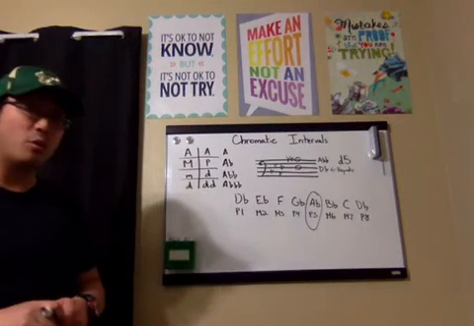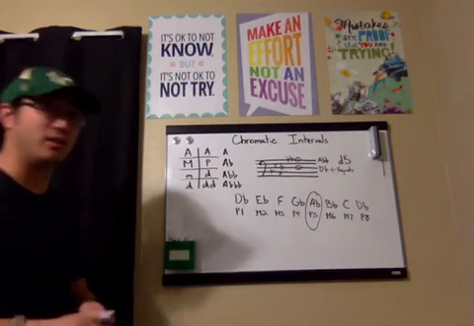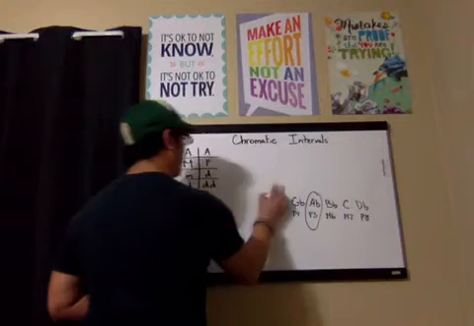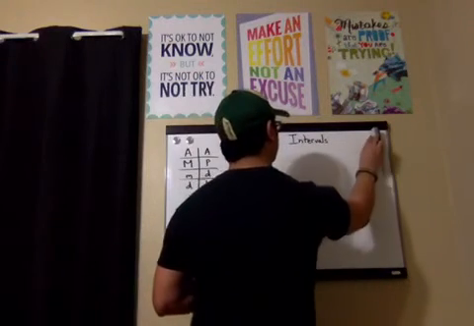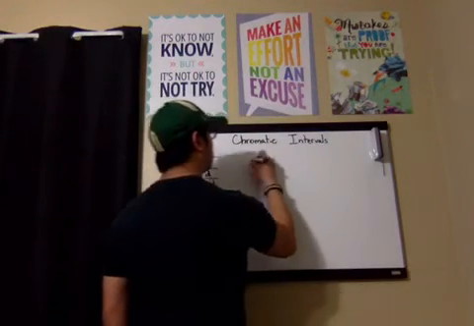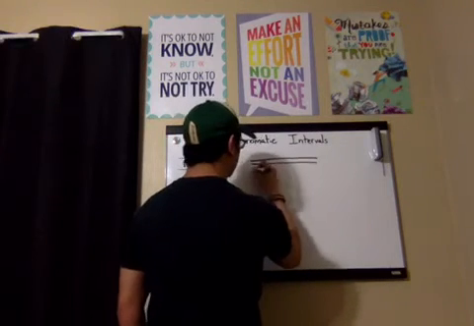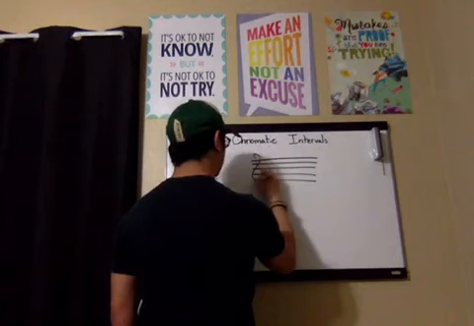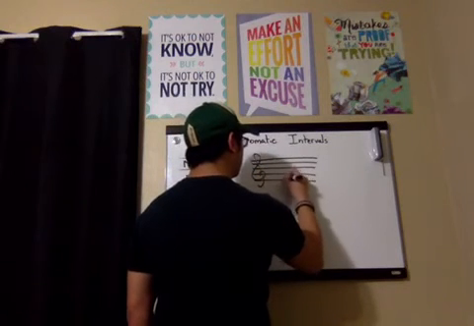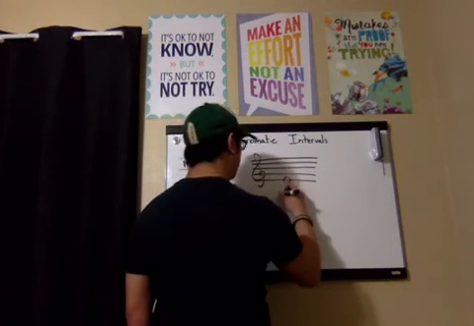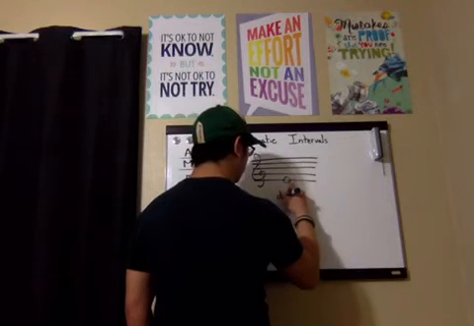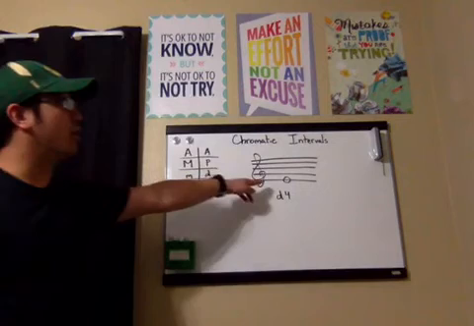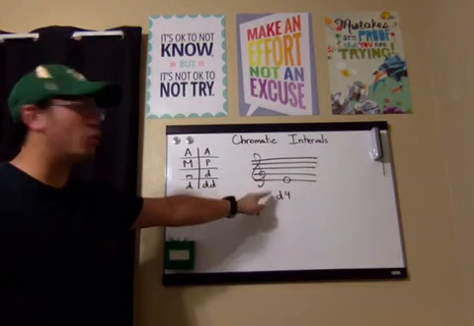Choir, your homework is going to be building these chromatic intervals. So your homework will look a little different. They will give you a note and an interval that they want above that note.